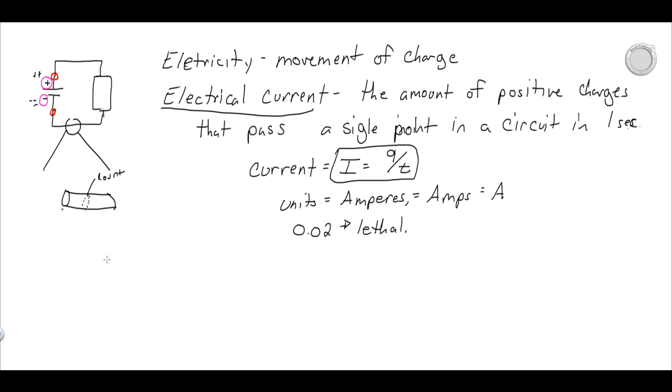Now there's 2 types of current. And these are based on our own errors in our assumptions at the beginning of electricity, or our discoveries into electricity.